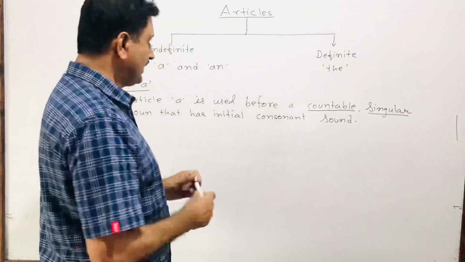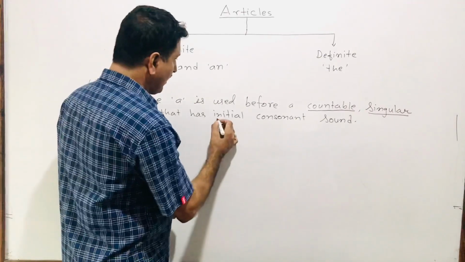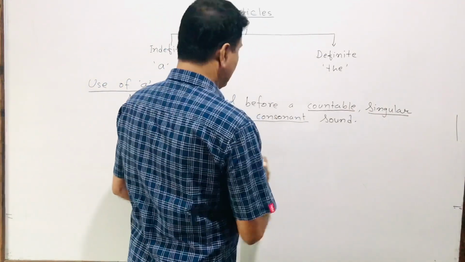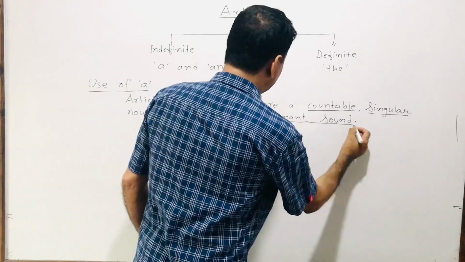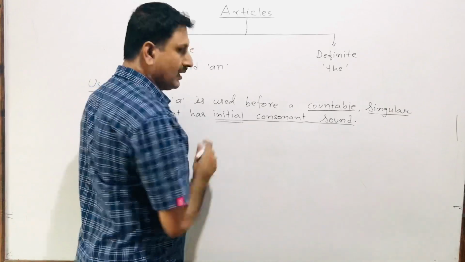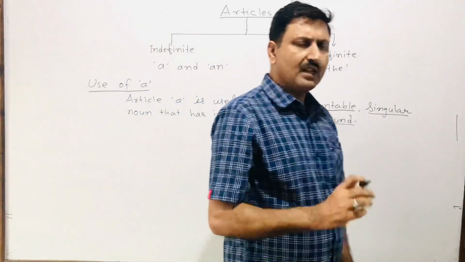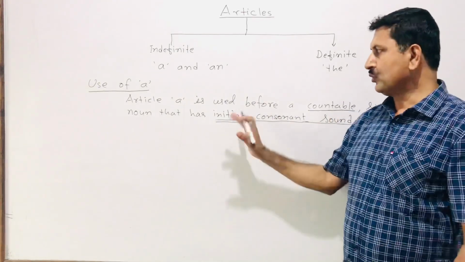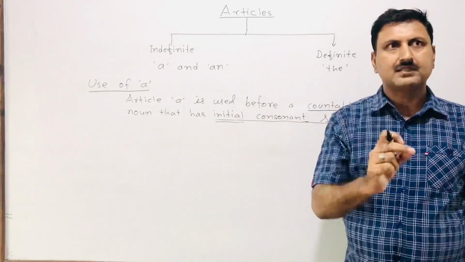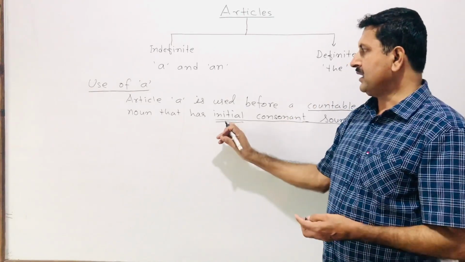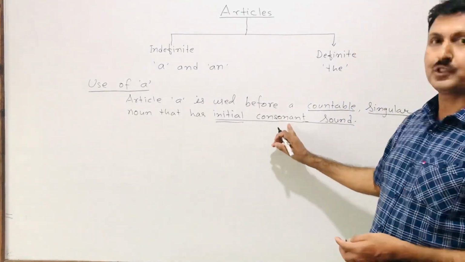And the third thing that we require to use article A is initial consonant sound. Initial means of the beginning. There must be consonant sound at the beginning of the word, or if that is a letter, the beginning sound of the letter must be consonant.